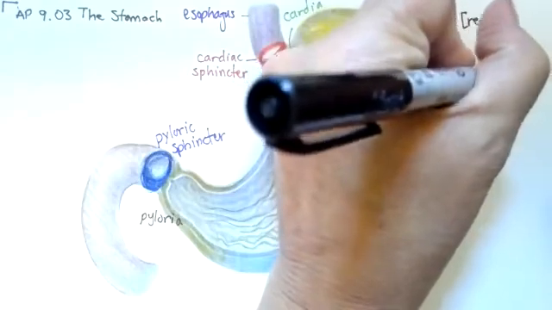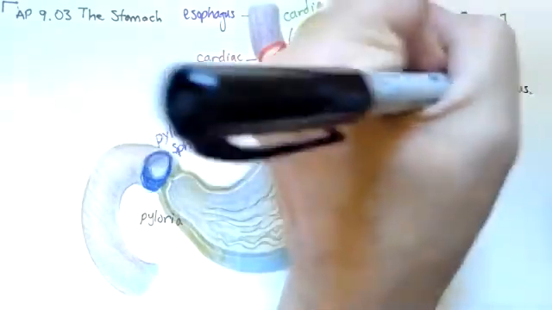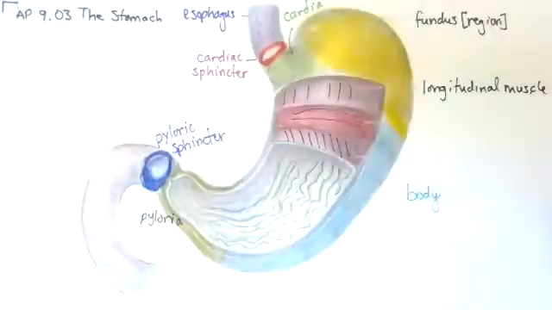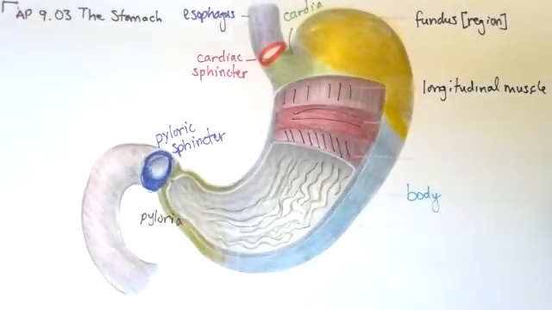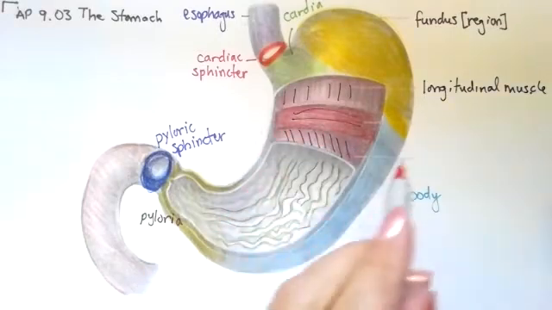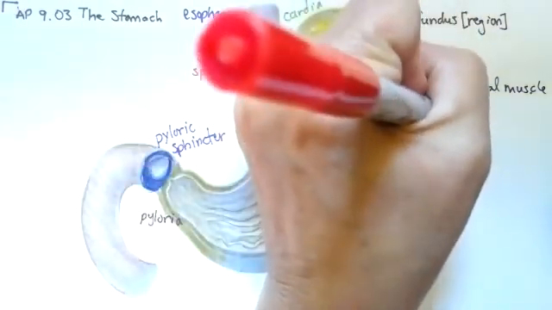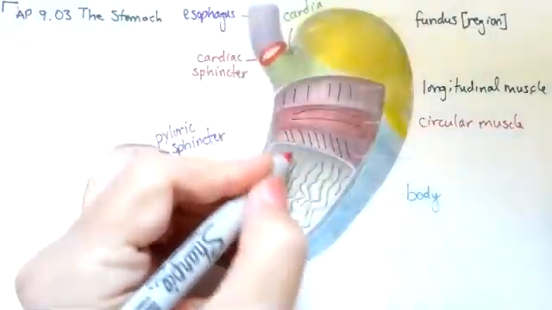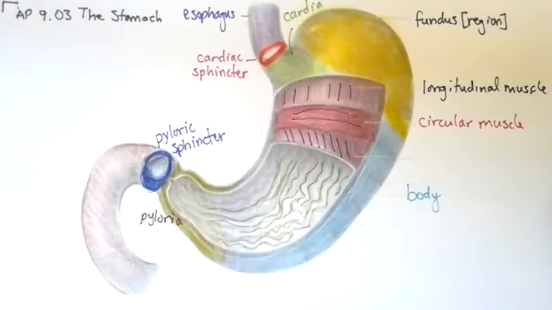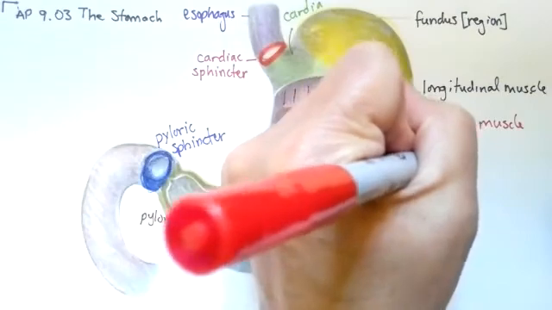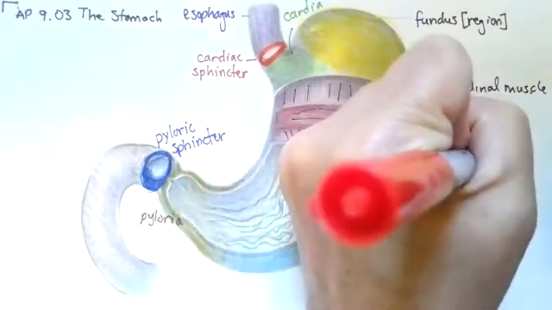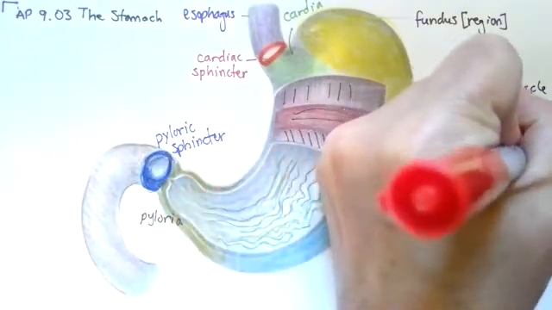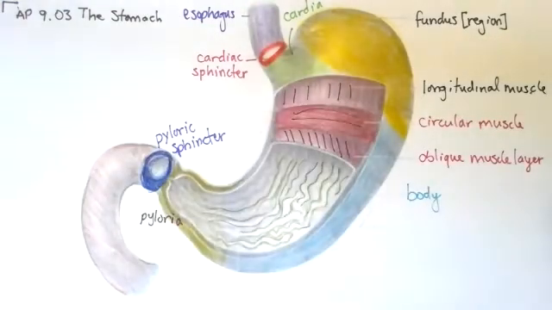Longitudinal muscle layer. Let me stay with the color coding here. Let me go to red. Coming around this way is the circular. And just like we did with our outside abdominal muscles, these are oblique. The oblique muscle layer.